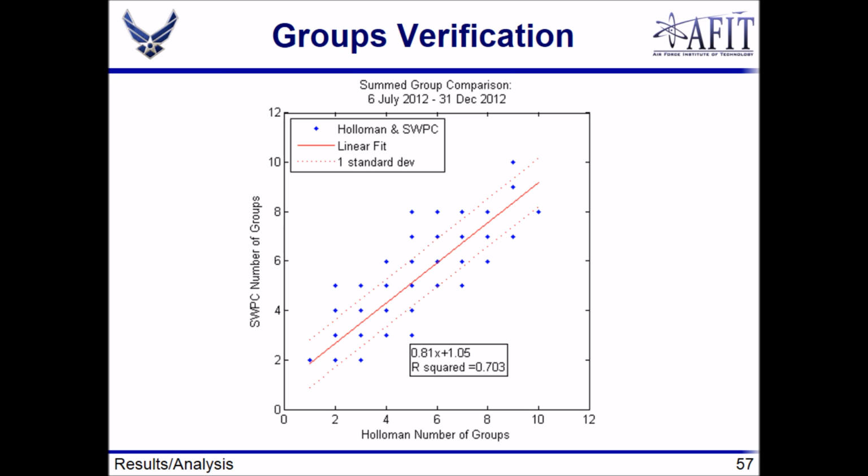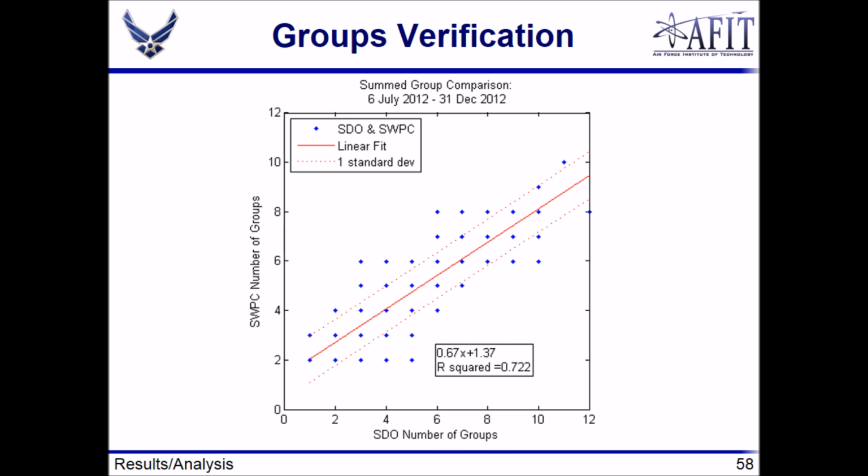In slide 57, we have the SWPC to Holloman, and the slope of the line is about 0.81, slightly tilted towards the Holloman number of groups. Then the regression is again tilted towards the SDO axis for SWPC to SDO, which is what we'd expect from the difference plots. The same can be said of the SDO to Holloman, but I just left it out.